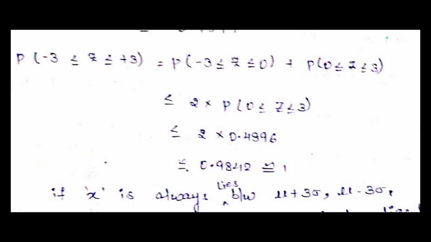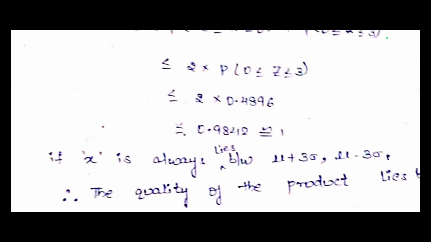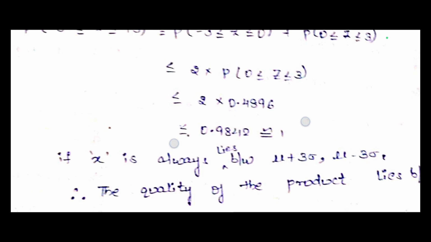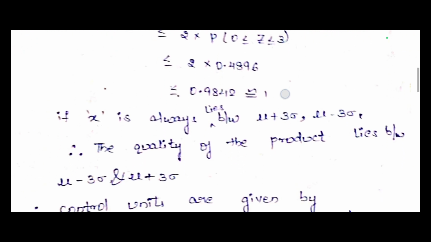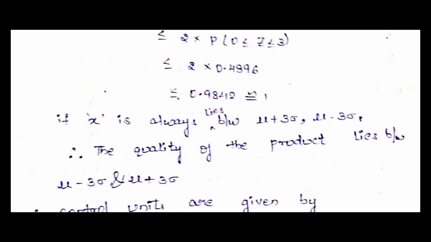Similarly for 3, you get 0.9973. So x always lies between mu minus 3 sigma and mu plus 3 sigma; the quality of the product lies between mu minus 3 sigma and mu plus 3 sigma.